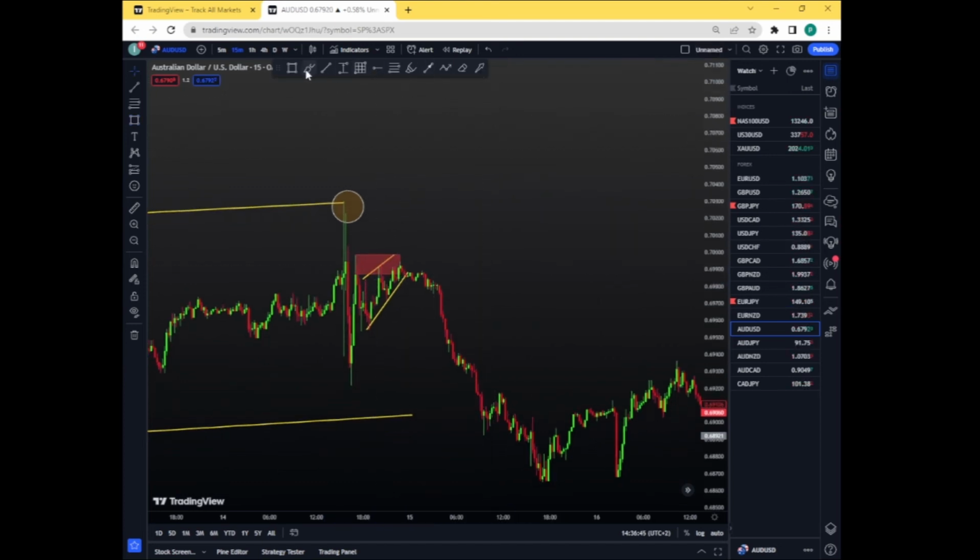We had an impulse and a pullback, and price came back and started to move sideways here. That's when I had my first touch here, my second touch here.